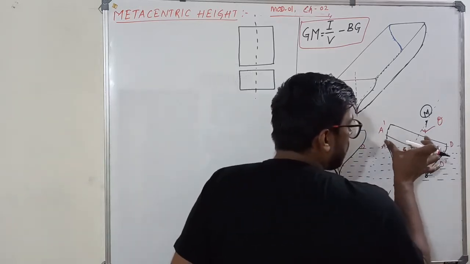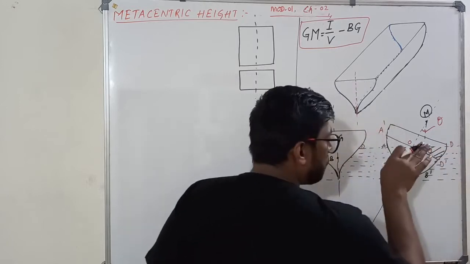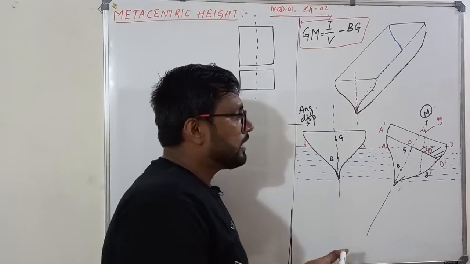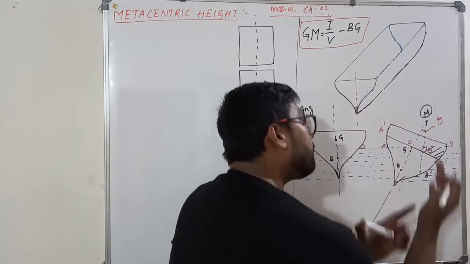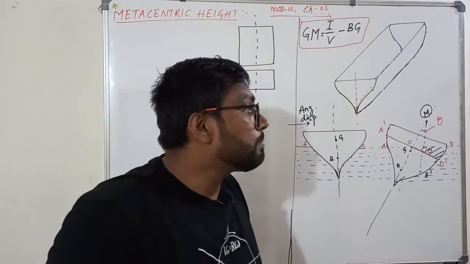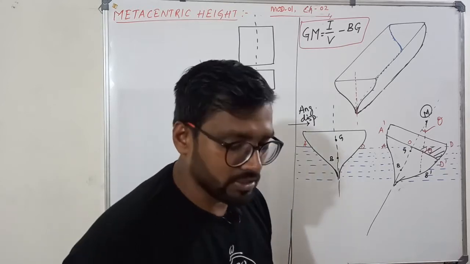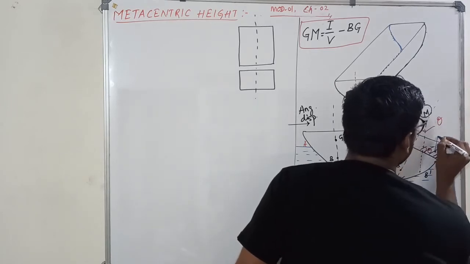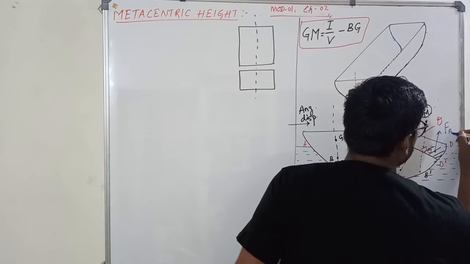Because the portion DOD prime is extra below the water, there will be some extra buoyancy force acting upward. That is what we call gain in buoyancy. So there will be some gain in buoyancy because of this, let us write it FB gain.